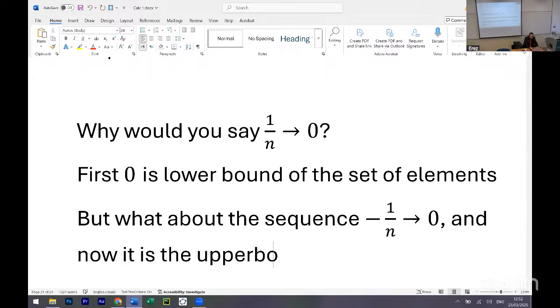It's supposed to be the opposite, but it's still a limit, right? There's no periodicity to the sequence. There's no repeating set of numbers.